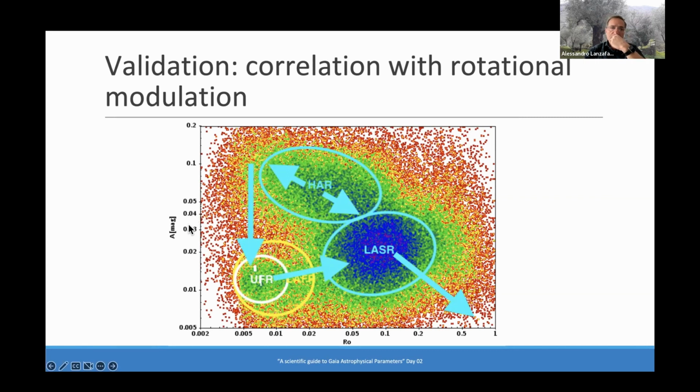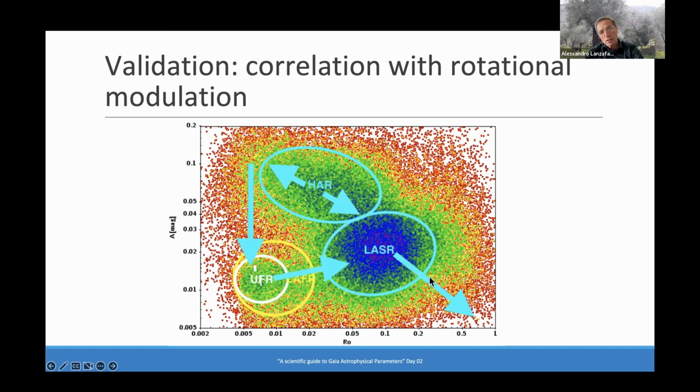When we see this data in the amplitude of rotational modulation versus the Rossby number, which is related to the period of rotation of the star, we found some clustering in this diagram, which we called high amplitude rotators, ultra fast rotators, low amplitude fast rotators here, and low amplitude slow rotators here.